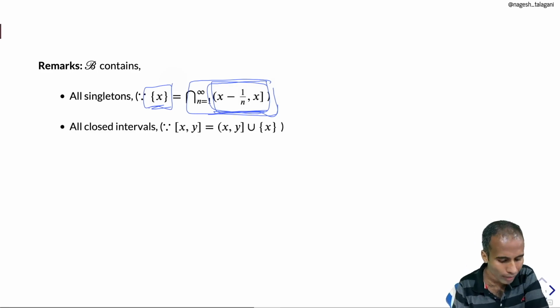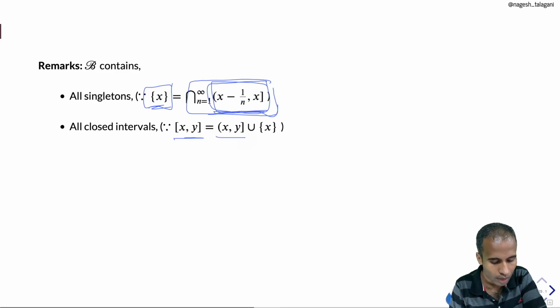All closed intervals are Borel sets because any closed interval [x,y] we can express like this: the half-open interval (x,y] union singleton x. This is a basic element of the Borel sigma field, because the Borel sigma field is generated by intervals of this type, so they are candidates from the Borel sigma field.